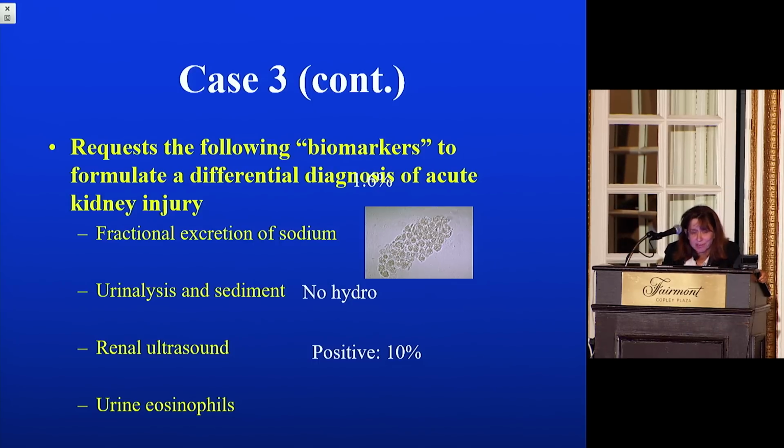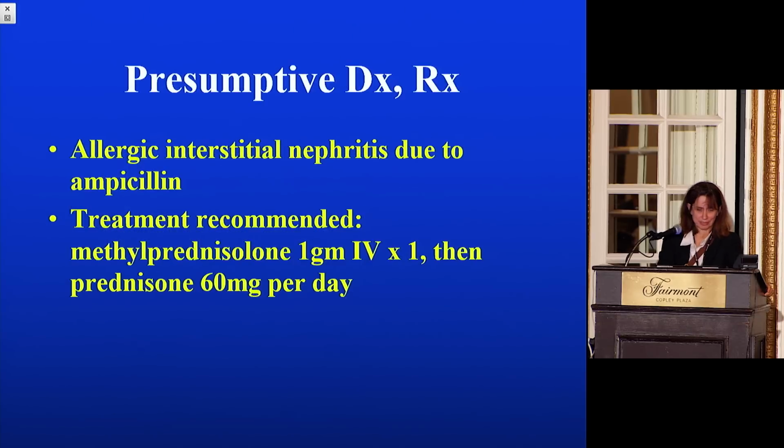Urinalysis and sediment shows white cell casts. The renal ultrasound is negative for hydro, and the eosinophils are positive at 10%. So the presumptive diagnosis, based on good data, is that this is allergic interstitial nephritis due to ampicillin.